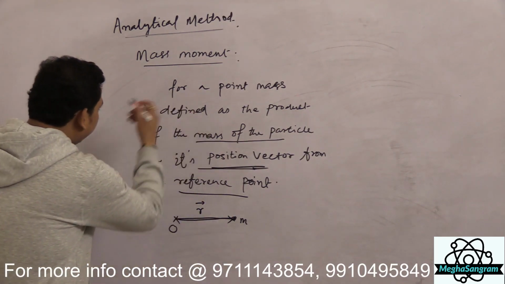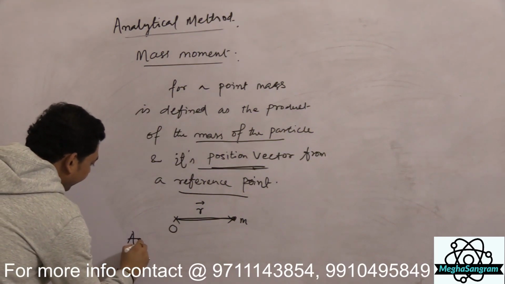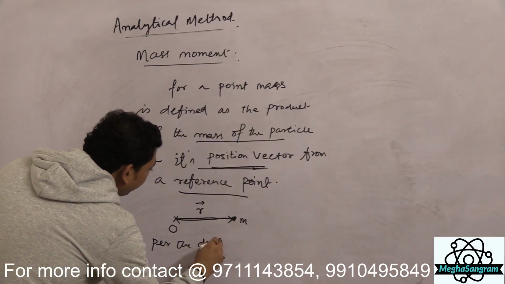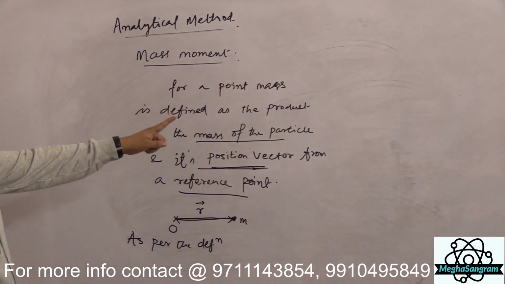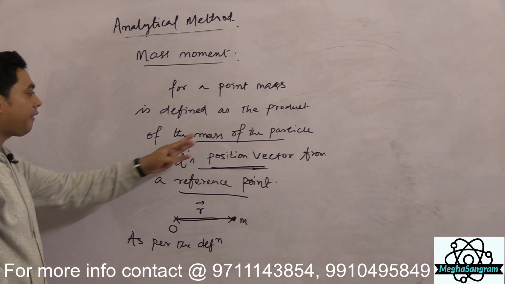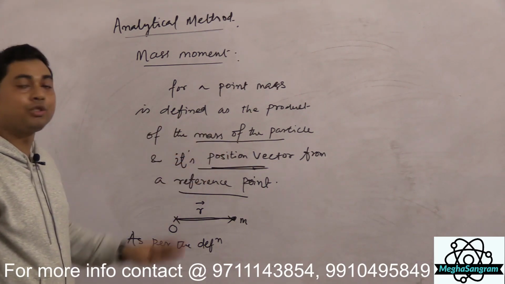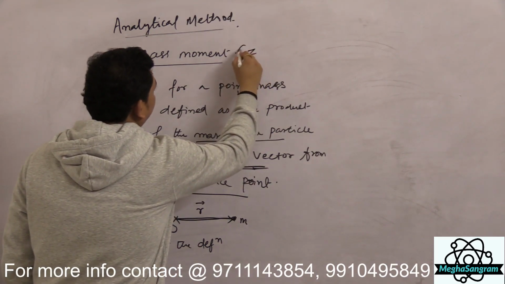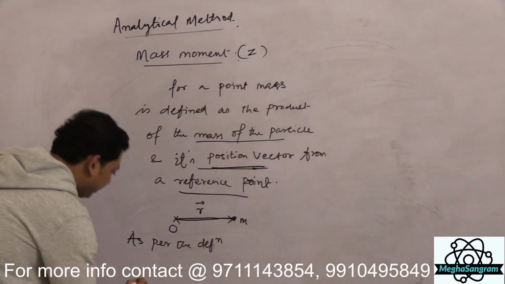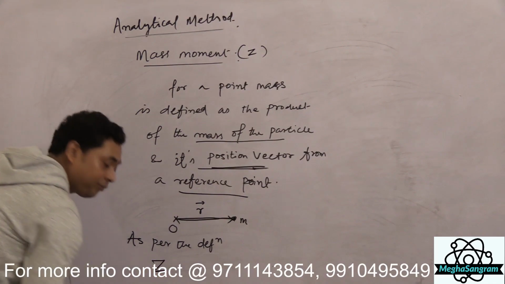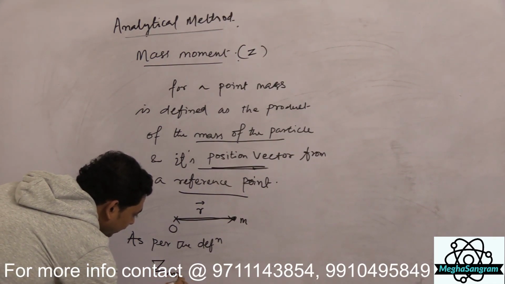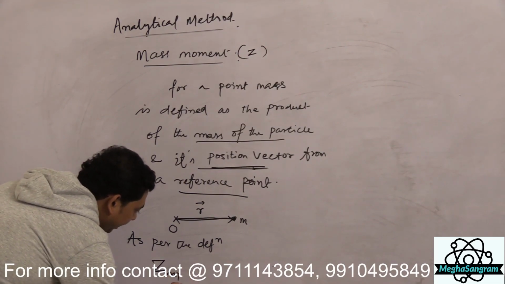All right, so as per the definition, mass moment for a point mass is defined as the product of the mass of the particle and its position vector, right? Since it is denoted by Z or G, some people call it G, we can write G or Z. Mass moment of whose mass moment are we calculating?